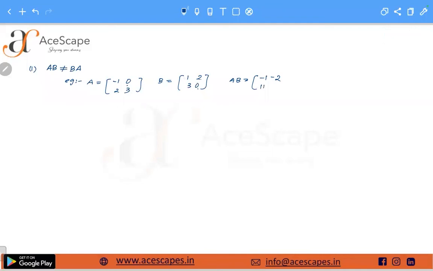And 2 into 2 plus 3 into 0, which is equal to 4. What is BA? BA will be multiplying this row with this column, that is 1 into minus 1 plus 2 into 2. We will get 3. Similarly, we will get the rest. Here we can see that AB is not equal to BA.